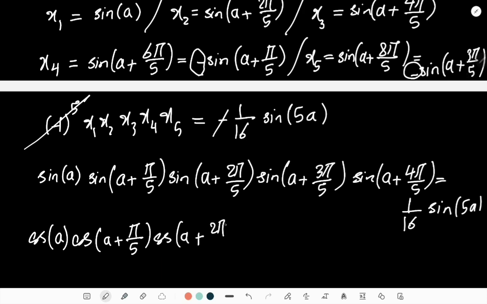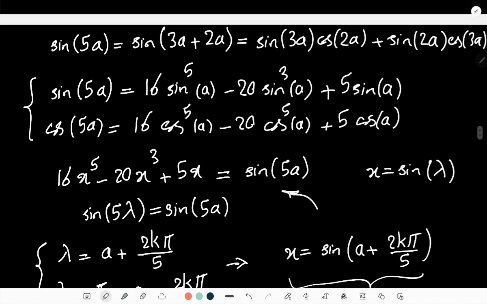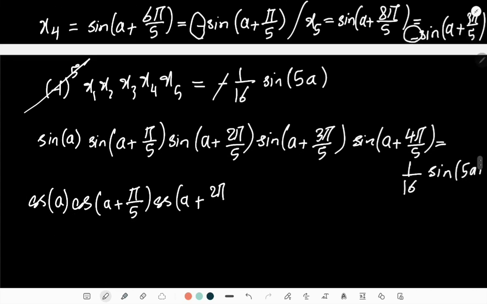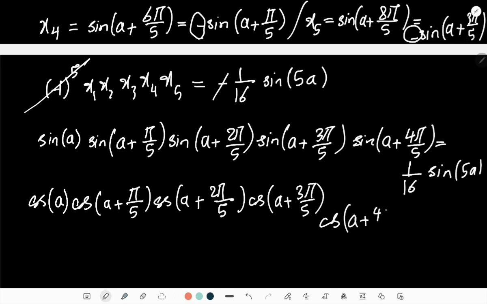The equations are also completely the same, okay? And it can be proved that they have the same structure. So this is cosine of a plus 3 pi over 5 times cosine of a plus 4 pi over 5. This will be equal to 1 over 16 cosine of 5a.